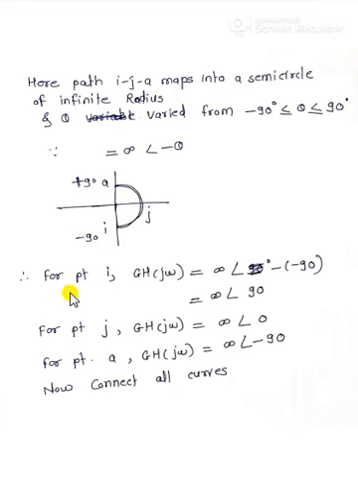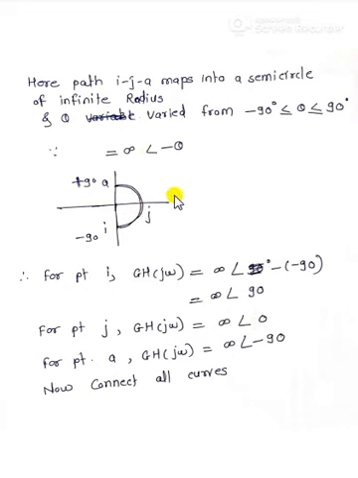Now we will plot for each point. For point I, GH of j omega, we are considering this equation: infinity at an angle of minus theta. I theta value is minus 90, so minus minus becomes plus. So infinity at an angle of 90. This is the value for point I. Now for point J, GH of j omega, we are using the same equation, infinity at an angle of minus theta.